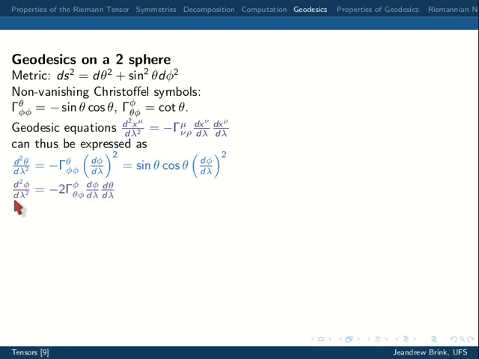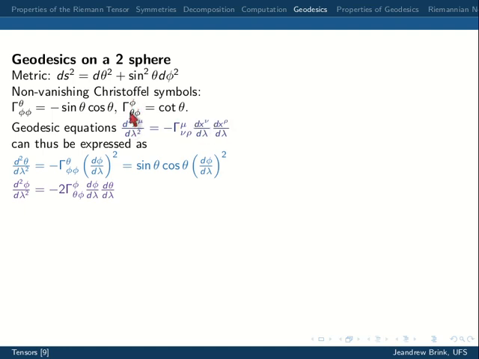The second equation for phi, we simply equals minus 2 Γ^φ_θφ. Why is there 2? So we go back here, we write it out. So we have this Christoffel symbol, so it's phi up top here, and then we contract it over everything.